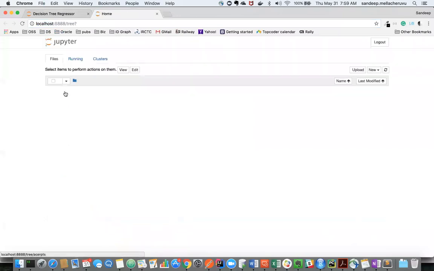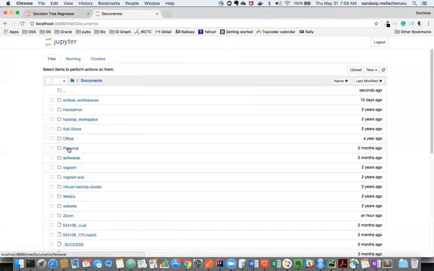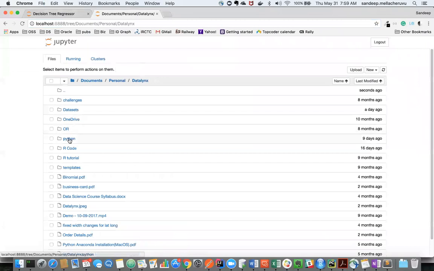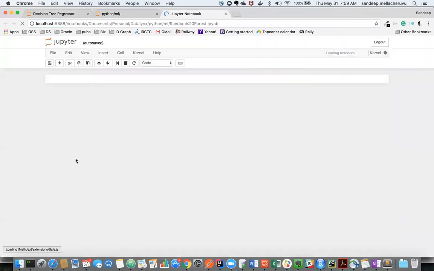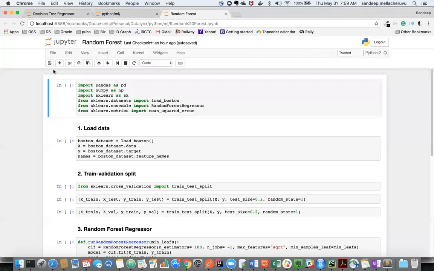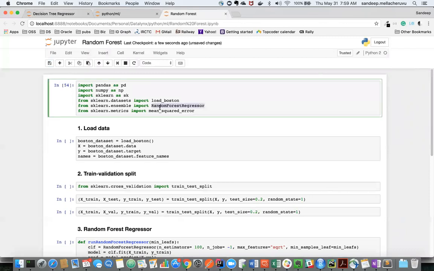Let me show you quickly the Python code. It's going to be simple, not very complicated. Random forest. Let me run through each of them. The same data set I'm using. This is not random forest classifier; in this case, I'm showing you random forest regressor.